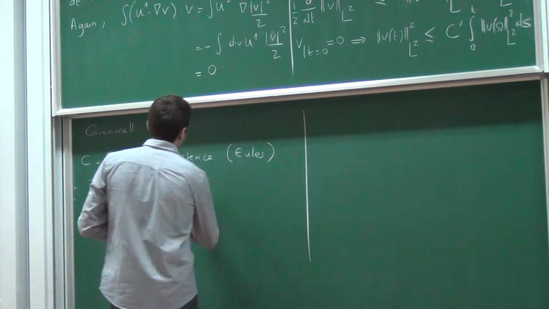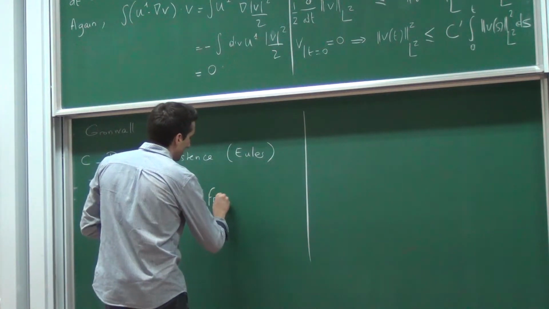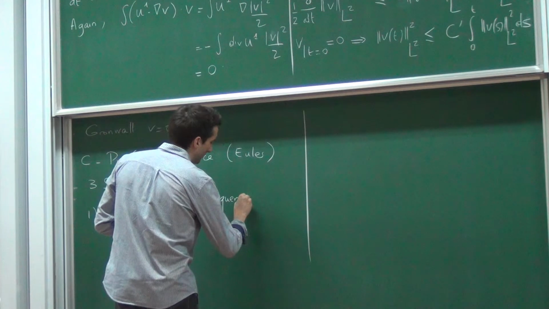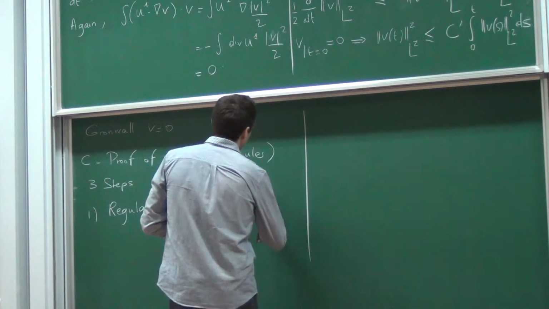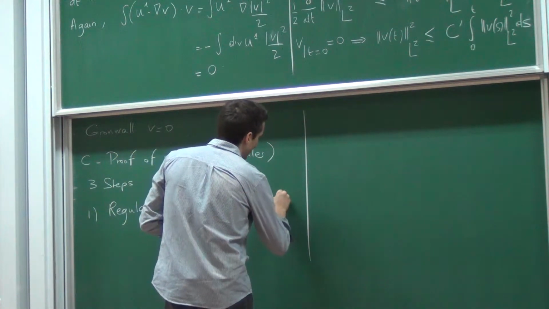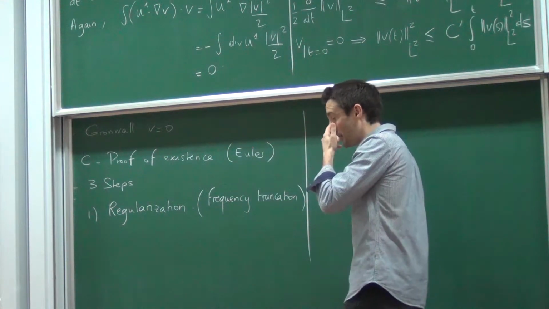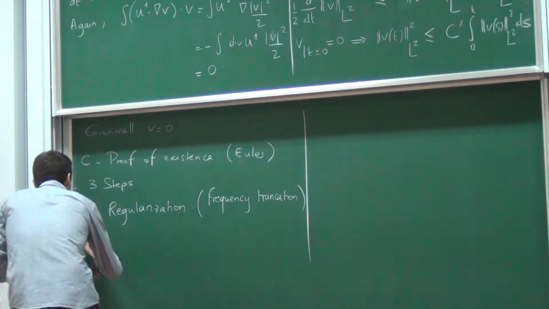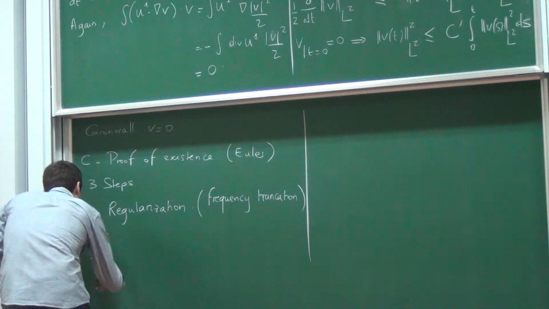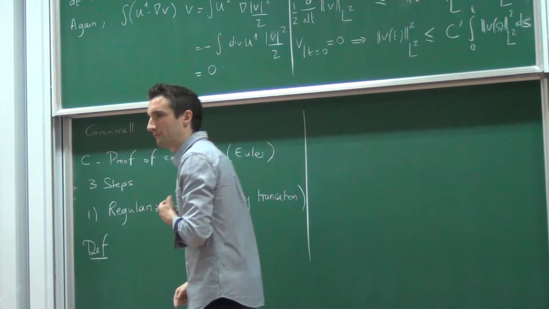And so here, the approximation will be through frequency truncation. What do I mean by that? Definition.